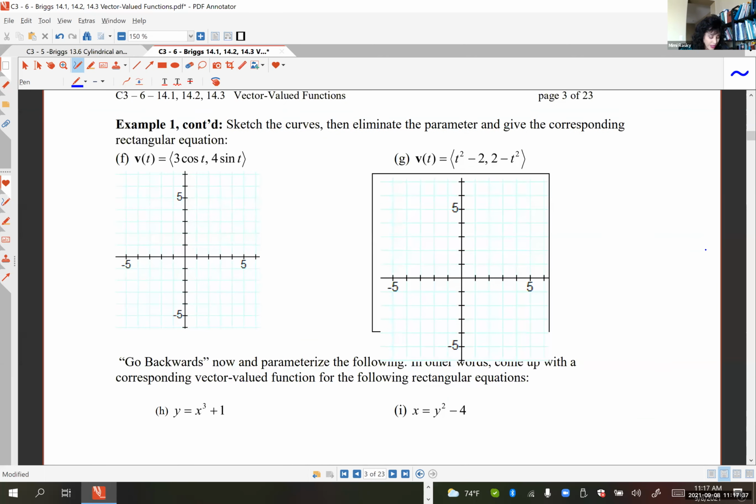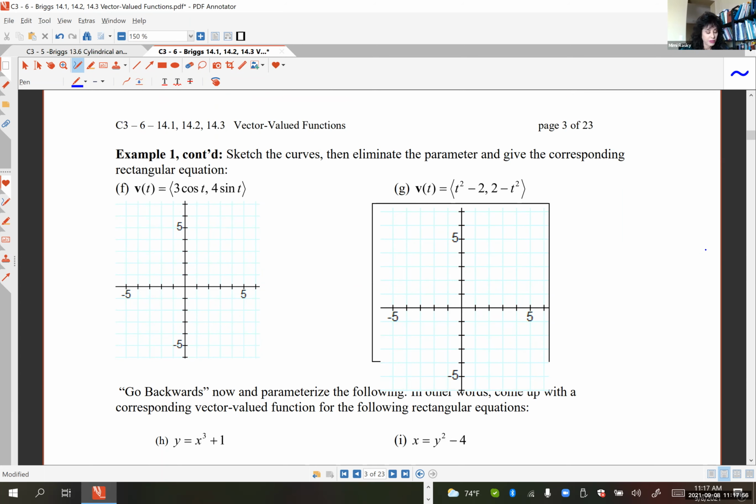Okay, let's do some more of these, and then we're going to go backwards, where we're given a rectangular equation and we have to come up with the parameterization. That skill is going to be needed late in the semester, probably in November. So we're planting a seed for later.